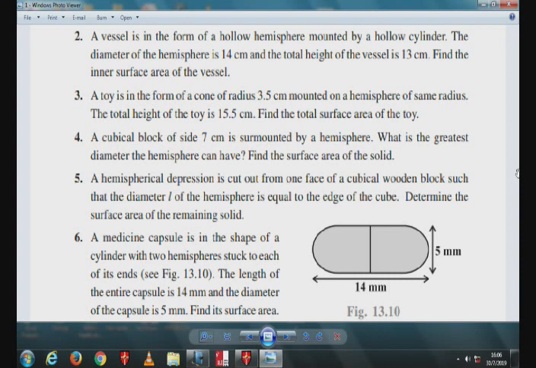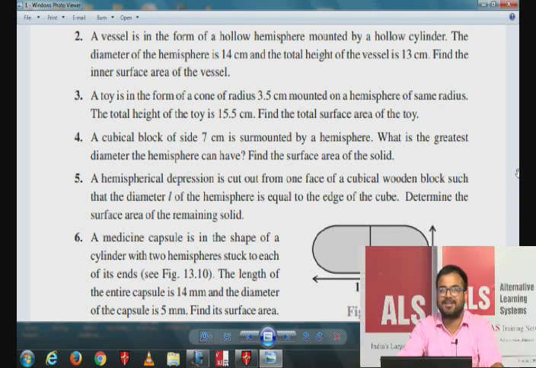No Sisipur, the answer is somewhat correct. I think the calculation error is there. You are close to the answer. Now that is right, Sisipur. Correct.